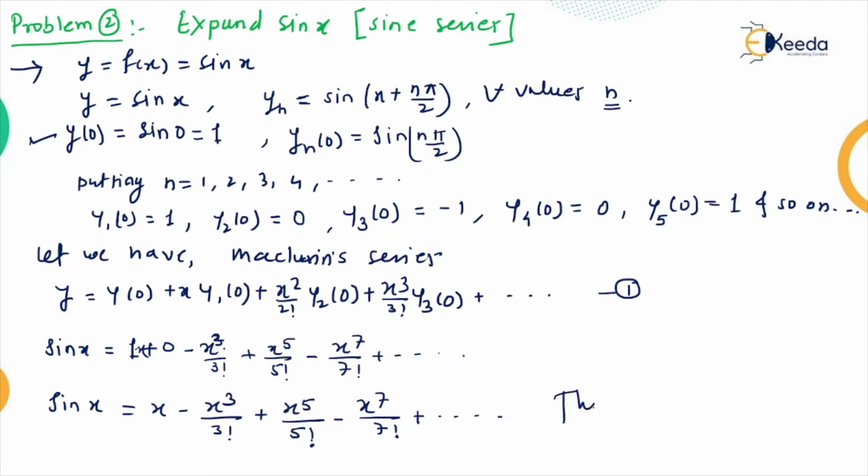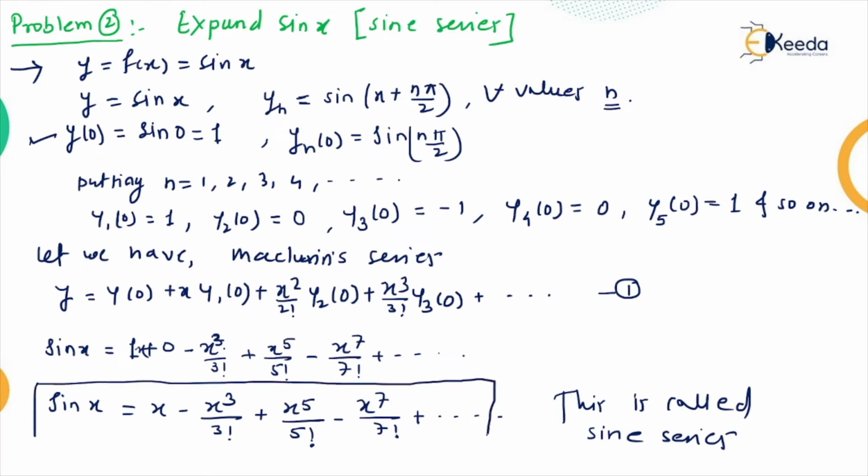This is called the sine series expansion, because the trigonometric ratio is sine, so we call this a sine series expansion of the given y is equal to f of x, right?